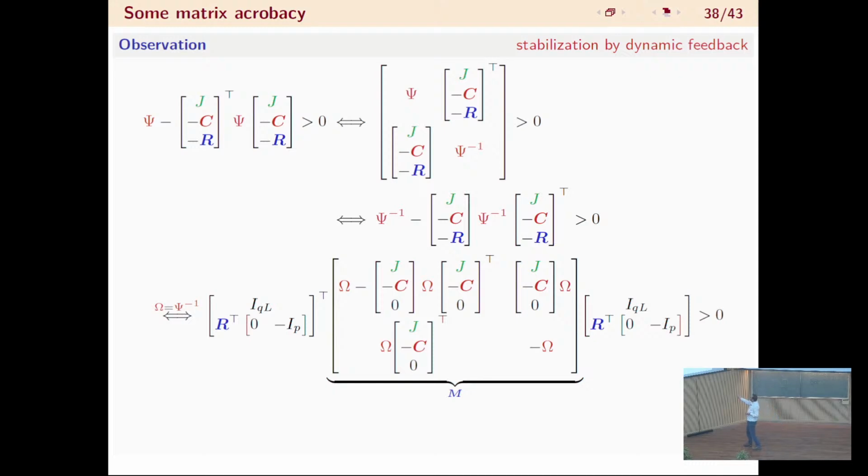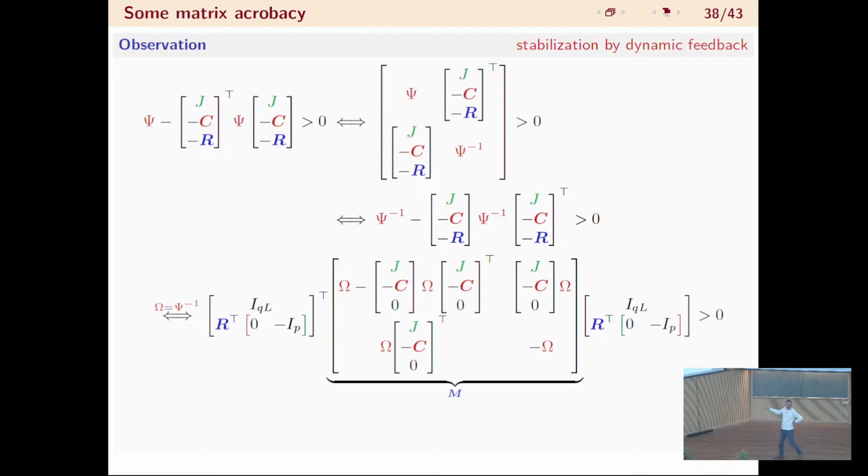And I can do that indeed. So it gives me a QMI, where this M matrix contains omega, C, and J. J is known. I have also a color convention. Whenever I have these matrix inequalities, red variables are unknowns, and green ones are fixed, given.